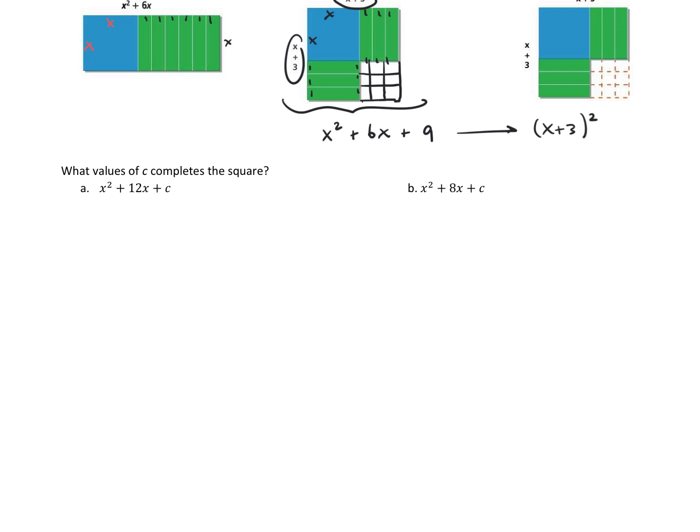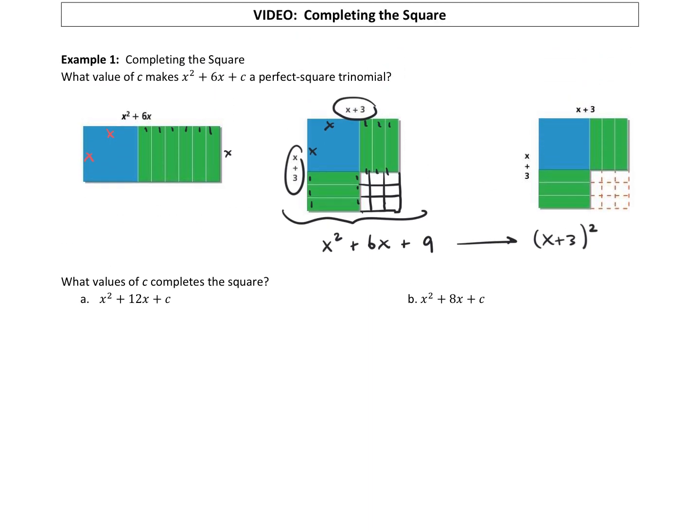So if you look at the picture, I just want to relate back. What we did is we took that 6x right here and we split it. We moved 3 of them down here. So if we take the 12x right here and we split that, I'm going to divide the 12 by 2, and I get 6.